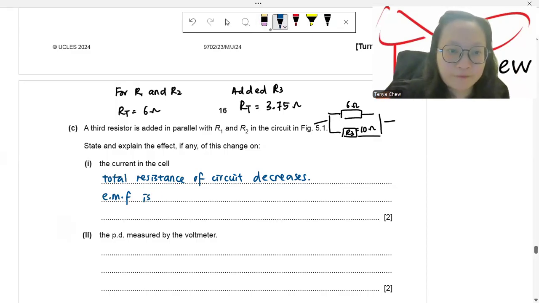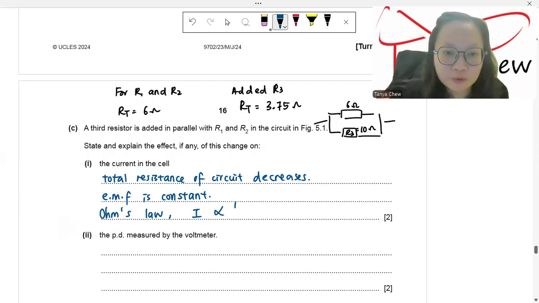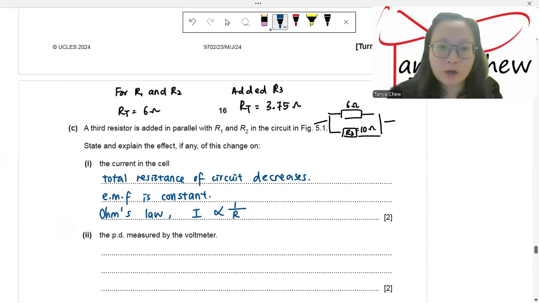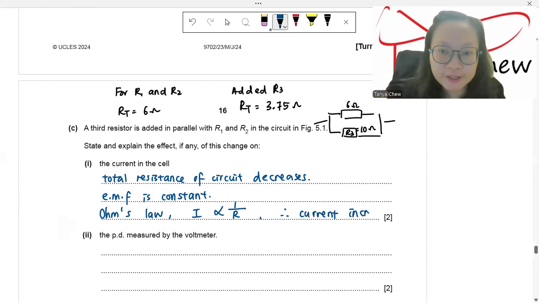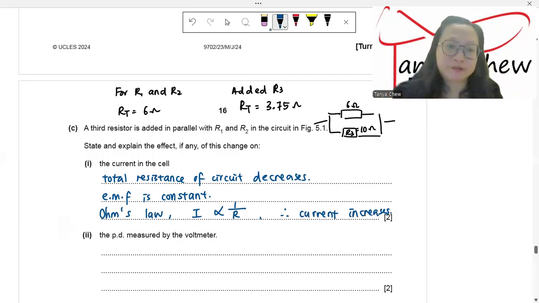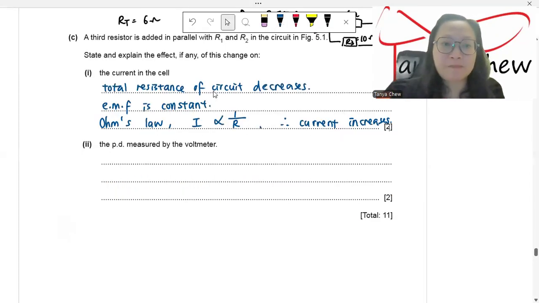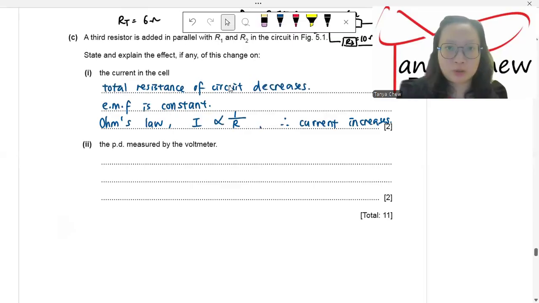By Ohm's law, I is inversely proportional to R. That is why current increases. So current increases.